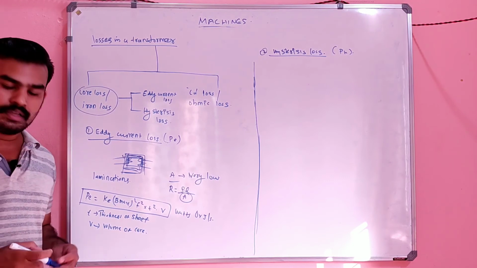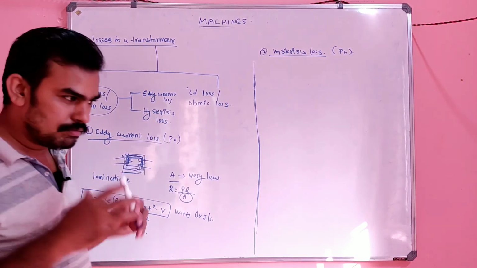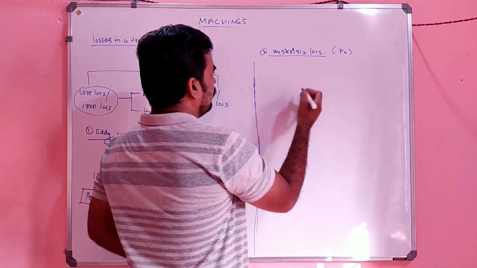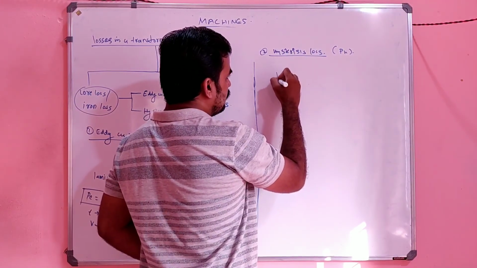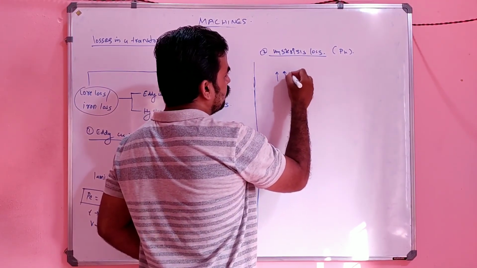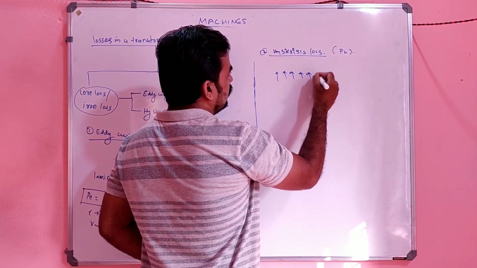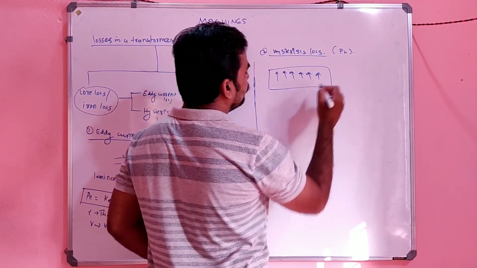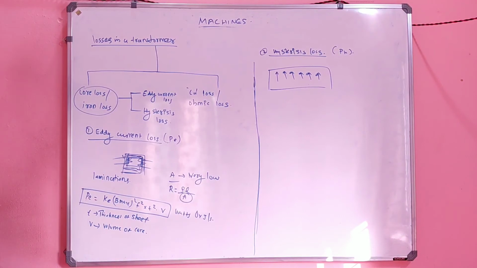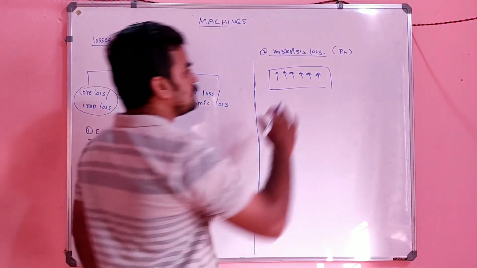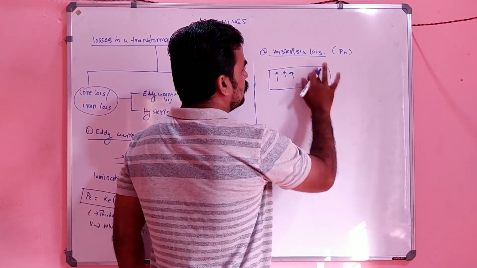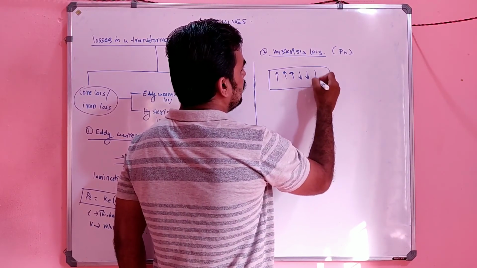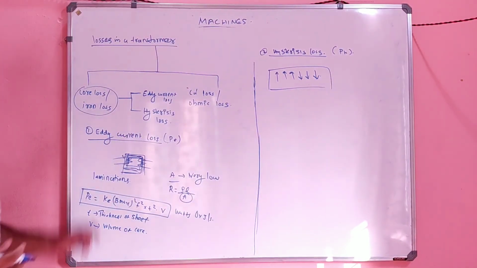It is a deep concept actually, I will tell you very shortly. There are dipole moments in the magnetic material. Actually the net dipole moment is zero. If we are not applying any magnetic field, the net dipole moment is zero.